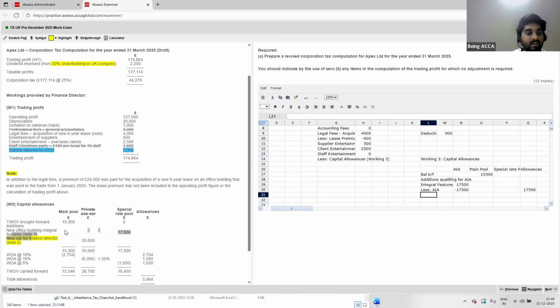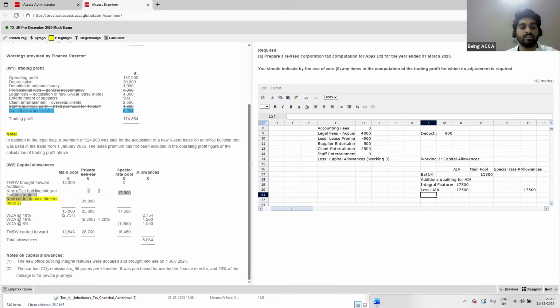Next, we have a car that has been purchased, but the car is not a zero CO2 emission car. It is in fact a car with CO2 emissions of 55 grams per kilometer, so it will form part of the special rate pool because the CO2 emissions exceed 50 grams per kilometer. If the CO2 emissions are within the 50 gram threshold, it will be part of the main pool, but since this is 55 grams, it will be in the special rate pool.